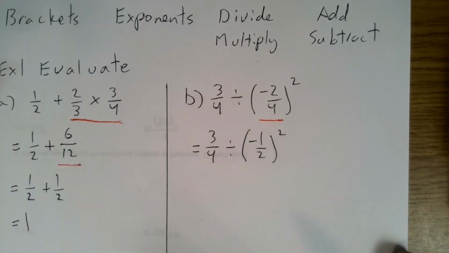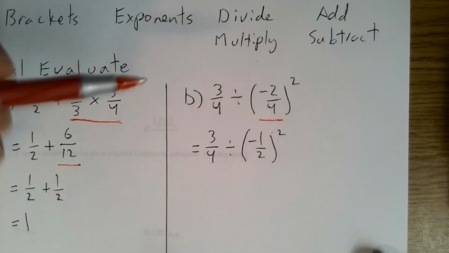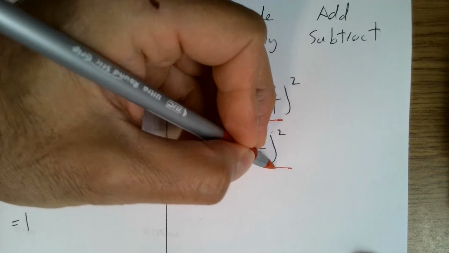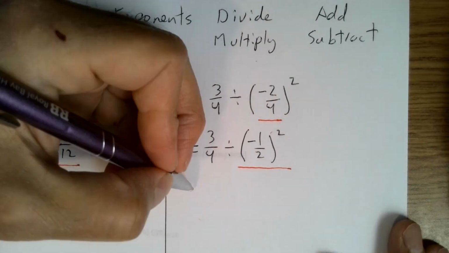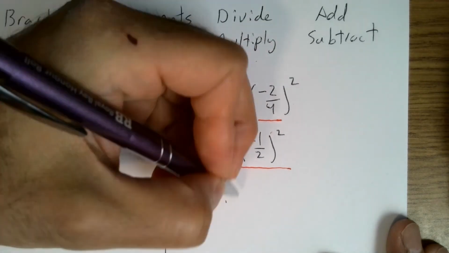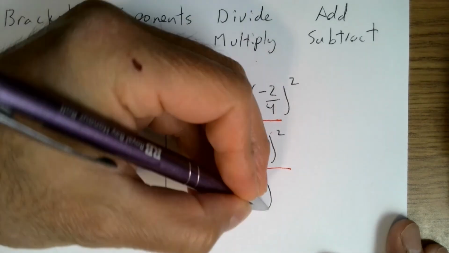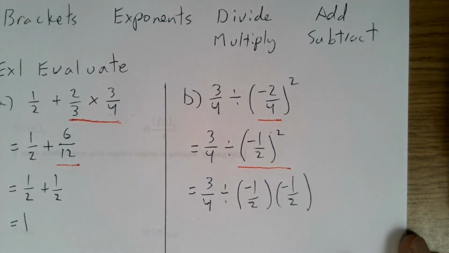Okay, nothing left to do inside the brackets, so let's go to exponents next. Yeah, we've got an exponent there, so we're going to do -1/2 squared next. And before I do that, I'm going to rewrite it as -1/2 times -1/2, because that's easier to think about.